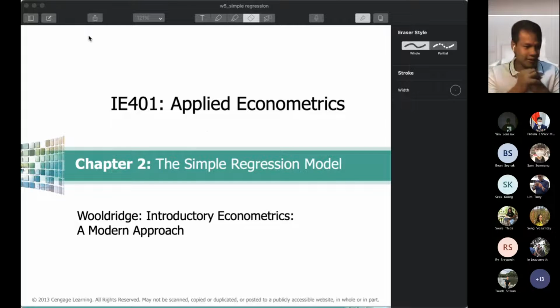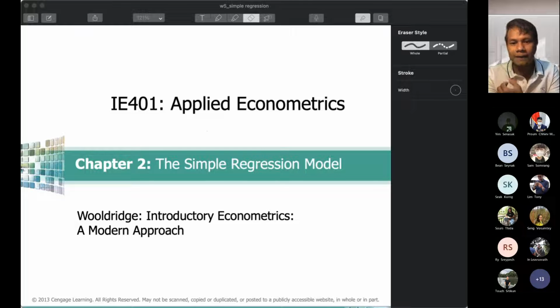Class, let's continue our lecture. Last week, it was holiday. In the 2 weeks before last week, we discussed simple linear regressions.